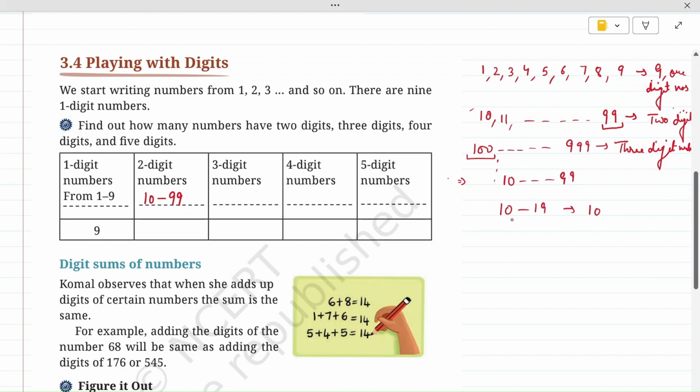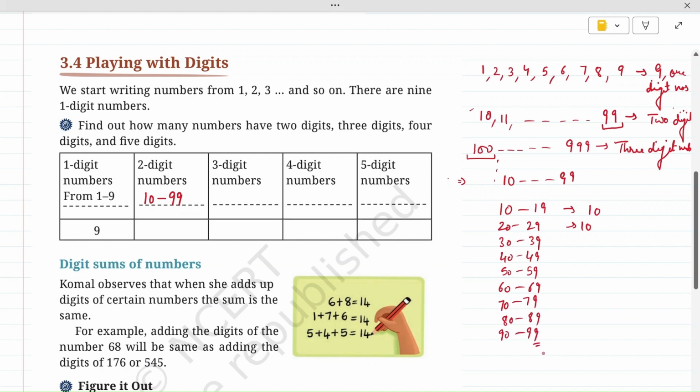If we extend the same pattern, 20 to 29 again has 10, then 30 to 39, 40 to 49, 50 to 59, 60 to 69, 70 to 79, 80 to 89, and 90 to 99.